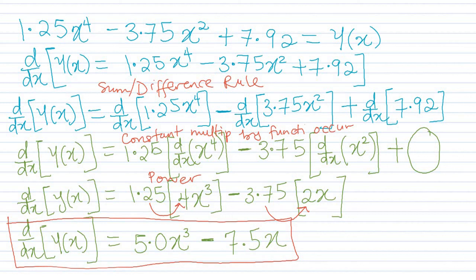The only reason why we multiply is because we already had coefficients in front of x to the fourth in the initial function. So the x to the fourth coefficient was 1.25, the x squared coefficient was 3.75, so we had to multiply. But if these coefficients didn't exist, we wouldn't have anything at the front to multiply by. So basically this is your answer.